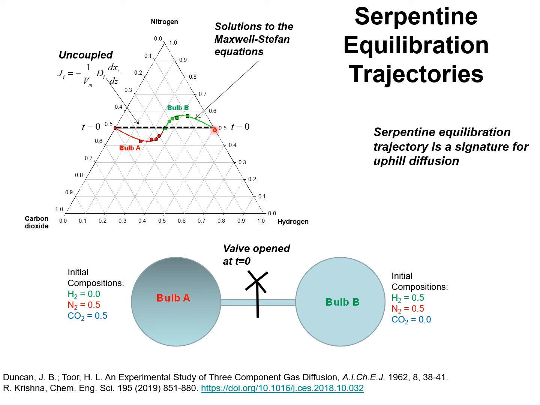The green squares show the plots of the experimental data in bulb B as it progresses from the initial state to the final equilibration state. The continuous green and red lines represent the solutions to the Maxwell-Stefan equations.